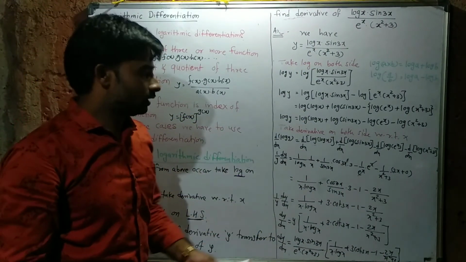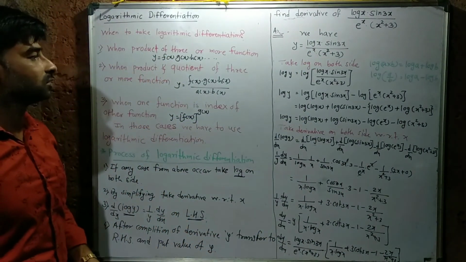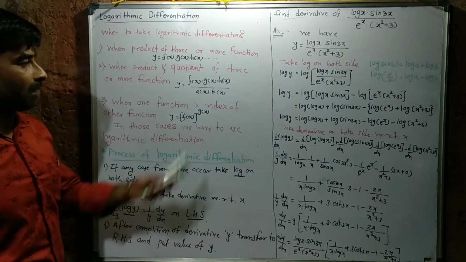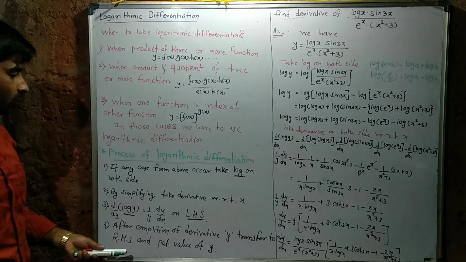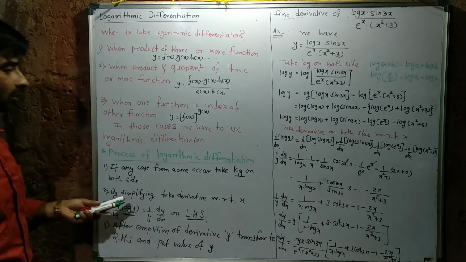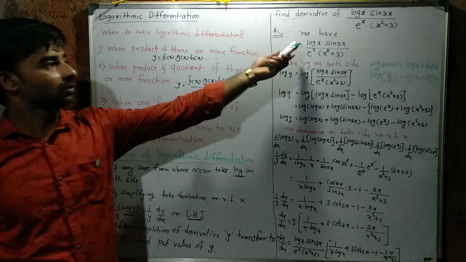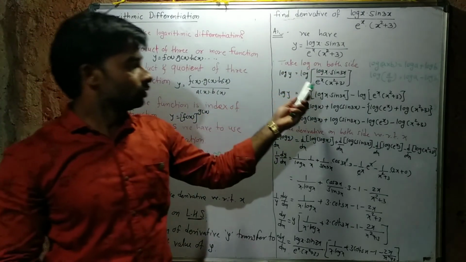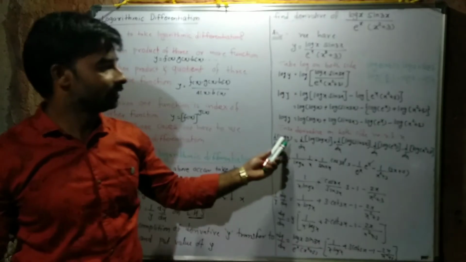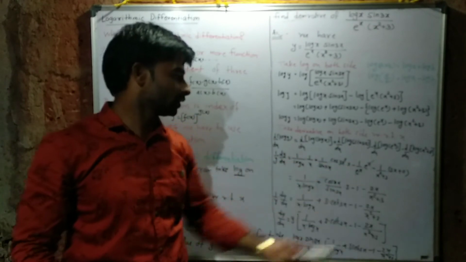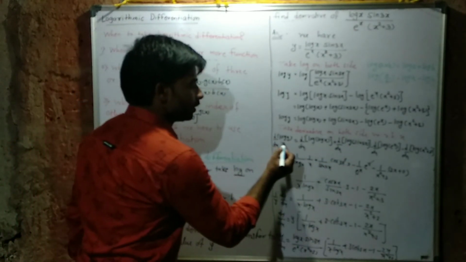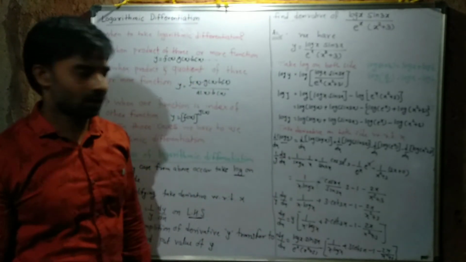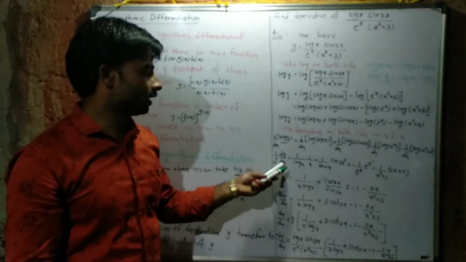This is logarithmic differentiation. We follow the procedure: take log on both sides, simplify, then take the derivative with respect to x. The derivative of log y is 1 divided by y into dy by dx.